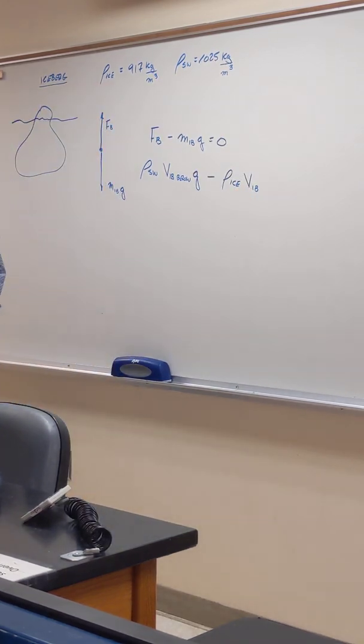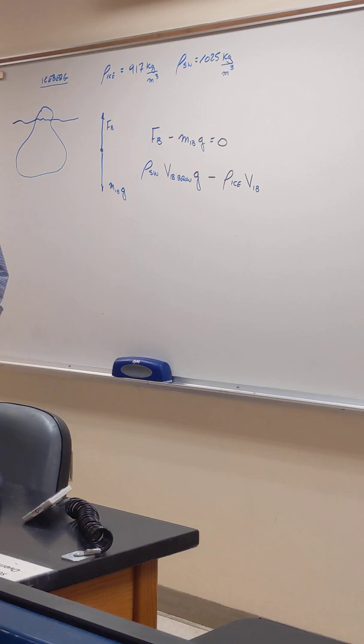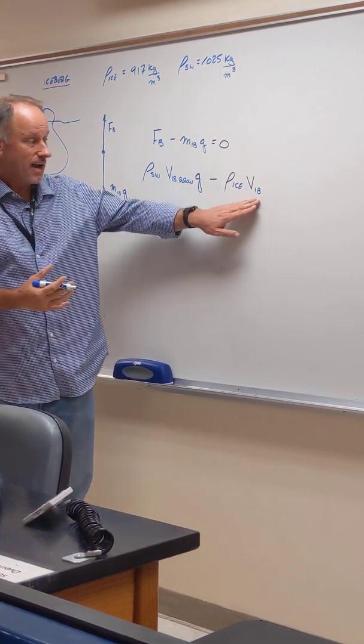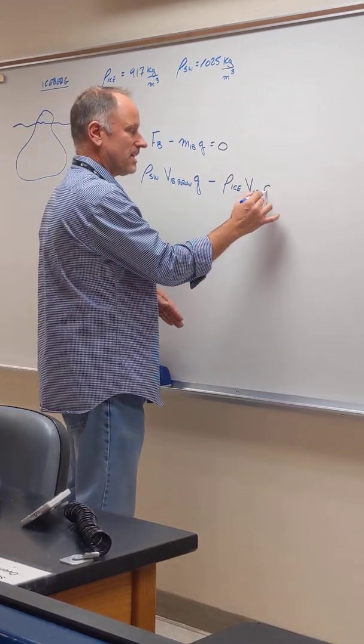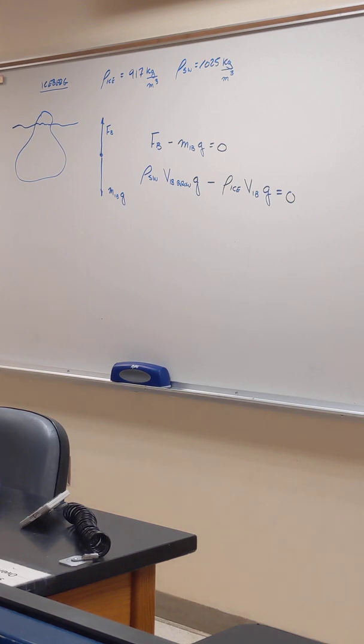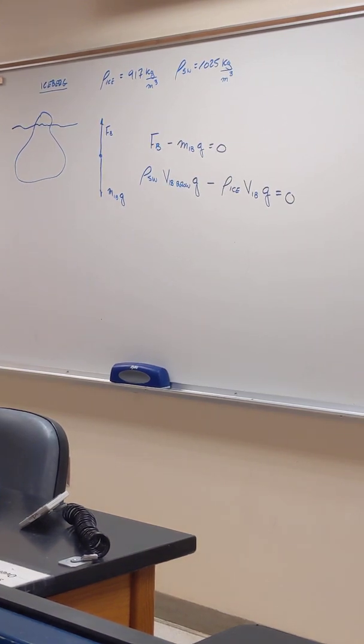That's the entire iceberg, right? If I want to get its weight, I take density times the entire volume times g equals 0. Would you be able to cancel out g in this situation? Yes.